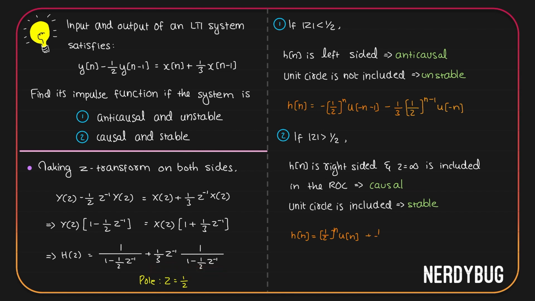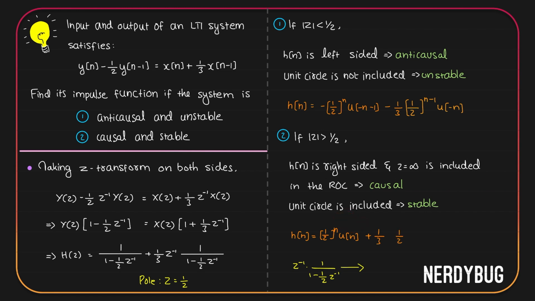The second term is 1 by 3 z inverse multiplied by 1 by 1 minus 1 by 2 z inverse. We already know the inverse of this much. It is 1 by 2 raised to n u of n. So if we want the inverse of z inverse multiplied by that, using time shifting property, it will simply be x of n minus 1, or basically we just have to change all n's here into n minus 1.